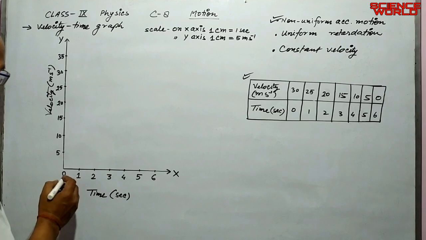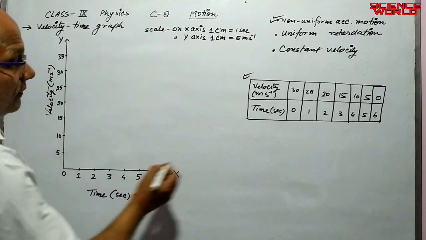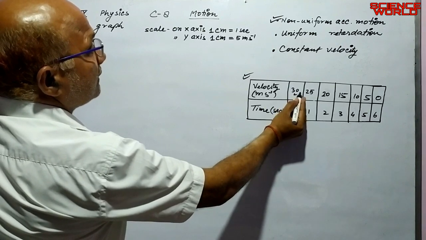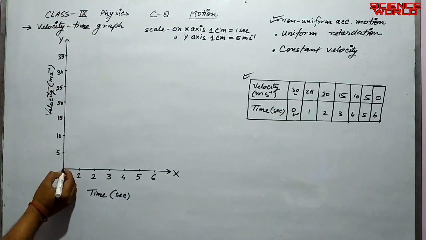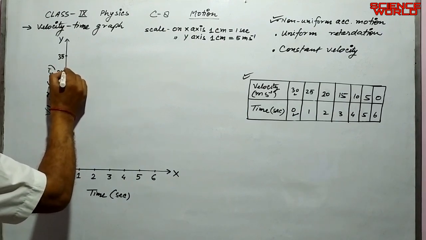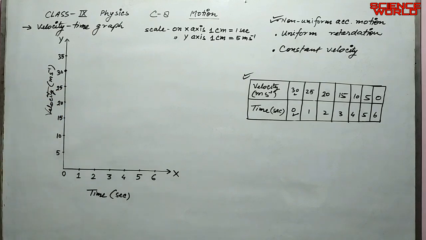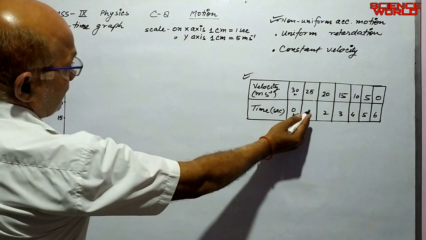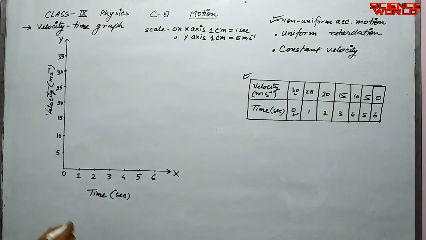And so, when time is 0, you can see time is 0, velocity is 30 meter per second. So, put a point here. When time is 1 second, the velocity is 25 meter per second.